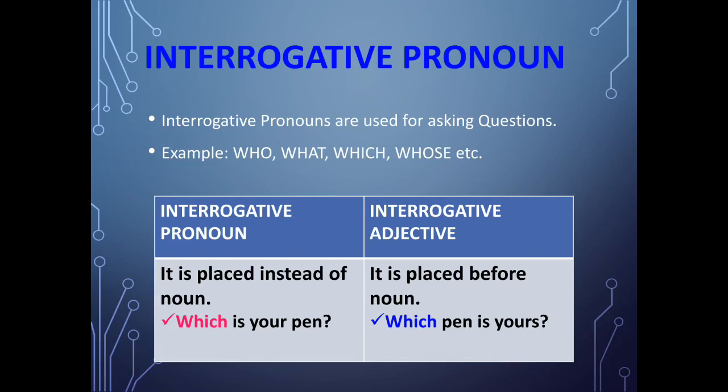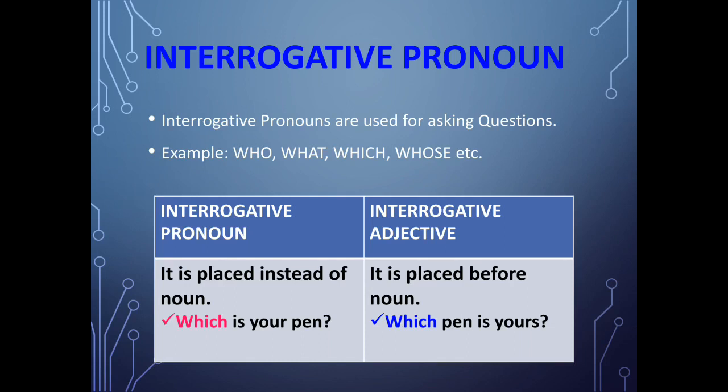Next, interrogative pronoun. Interrogative pronouns are used for asking questions. For example, who, what, which, whose, etc. Interrogative pronoun is placed instead of a noun. Similarly, as we have read in case of demonstrative adjective, here also interrogative adjective is placed before the noun.